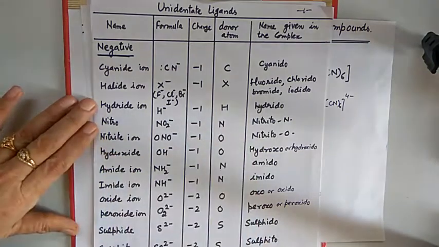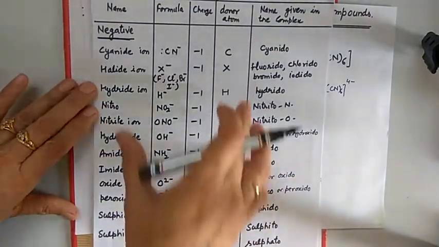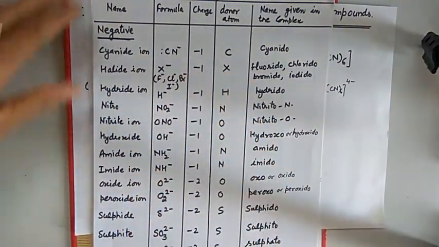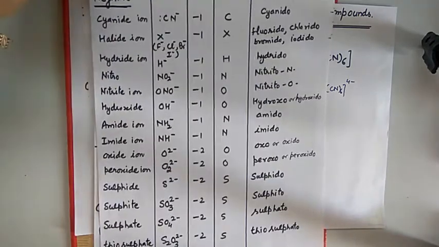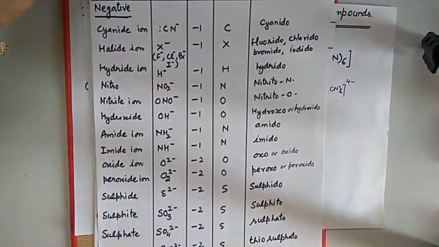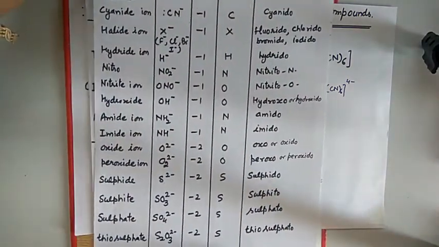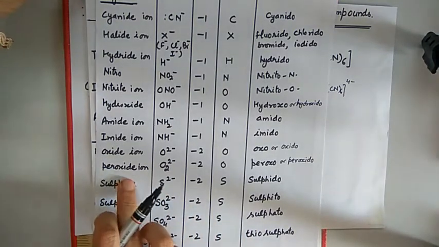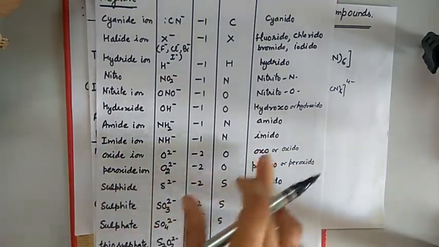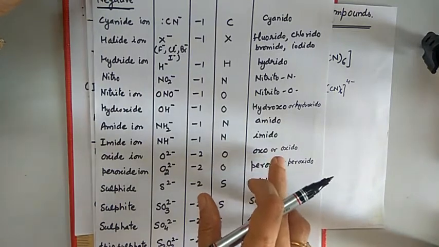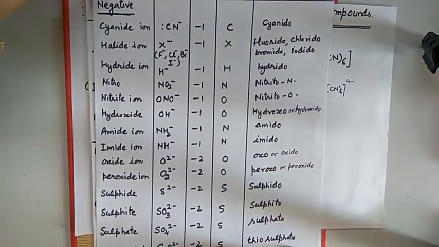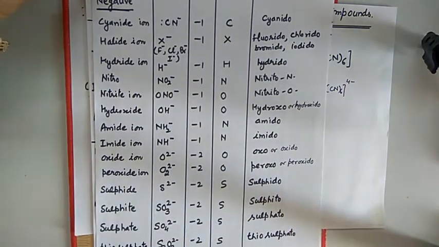So you can just make your own table with the help of book, or you can just see here also. This is the name, formula, charge carried by, and the name of the ligand when it is used in the complex. Clear? You can take screenshot of this also.